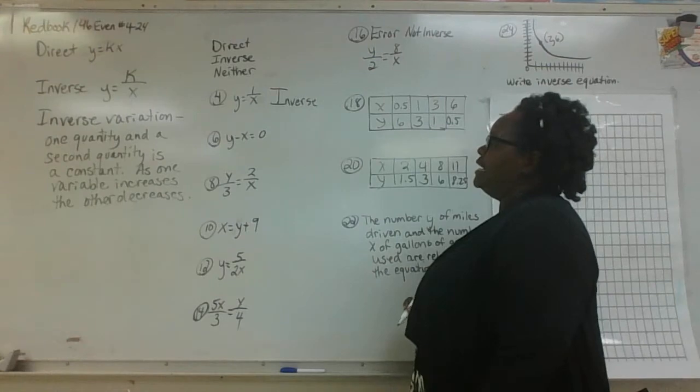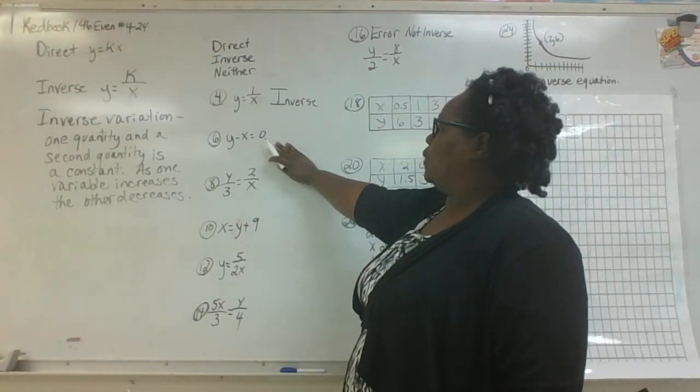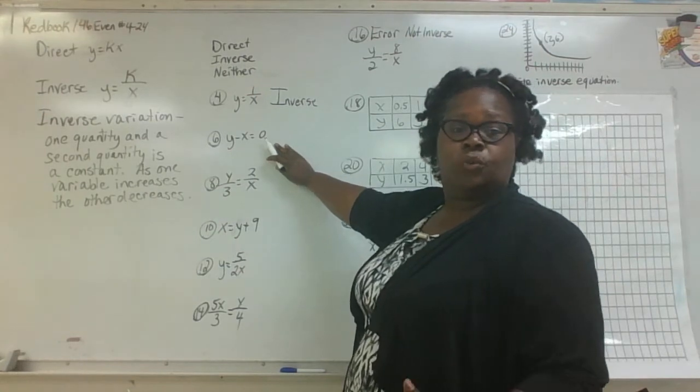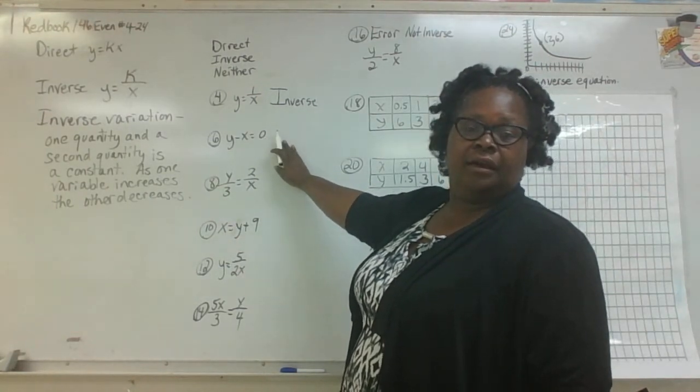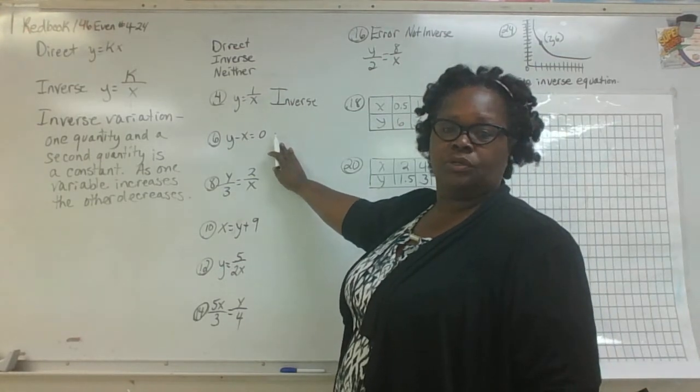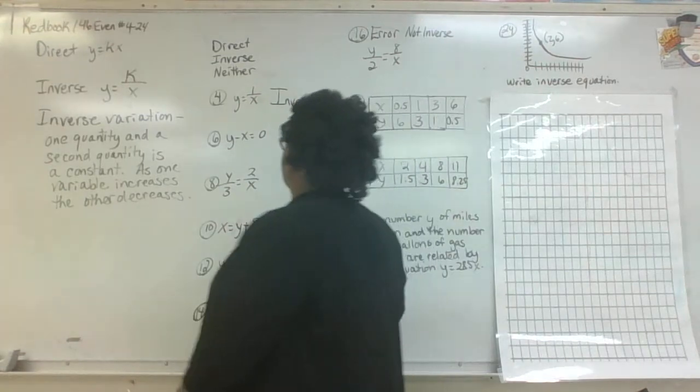variation. Here, we do not have a value or an equation equal to y. So we would need to isolate y to make an informed decision about whether this is direct, inverse, or neither. So let's take a look.